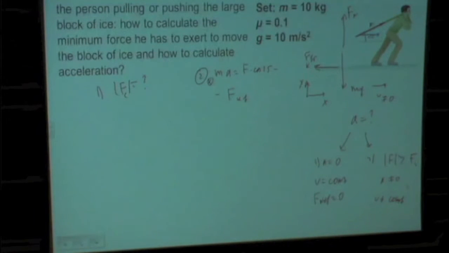That's Newton's second law written relative to the x component. Relative to the y component, the same law should write zero because the acceleration doesn't point up or down.